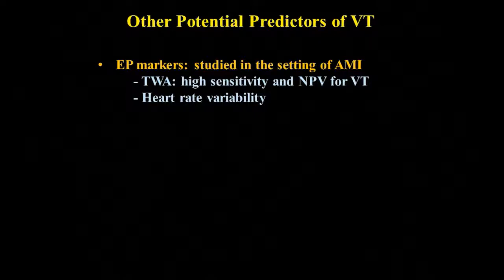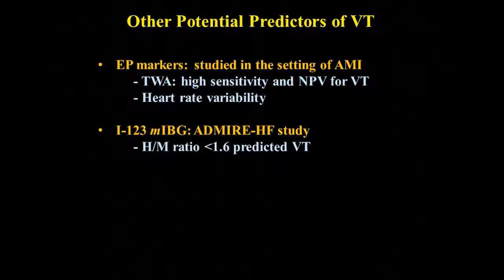We know about EF, it's poor, but EP markers are there, heart rate variability, T-wave alternans. I'm not going to go into details of that. What's pertinent to you all is MIBG, or neurohormonal denervation of the left ventricular myocardium, has been shown to predict VT if the H/M ratio is less than 1.6 in the ADMIRE-HF study.